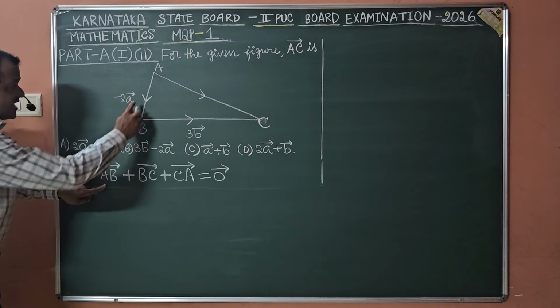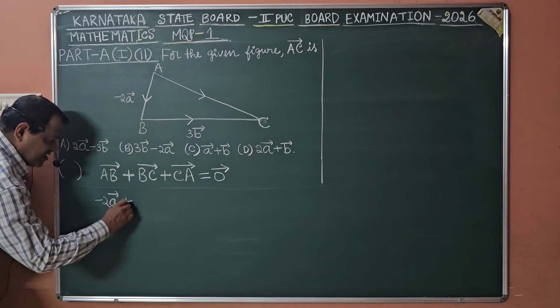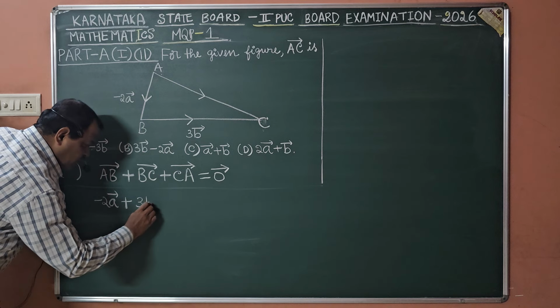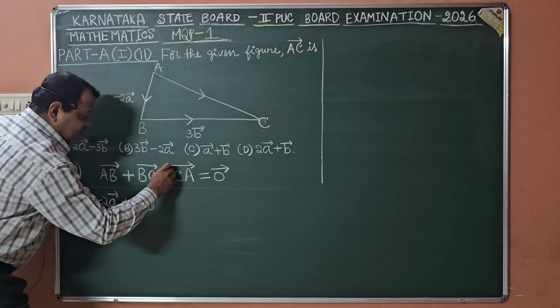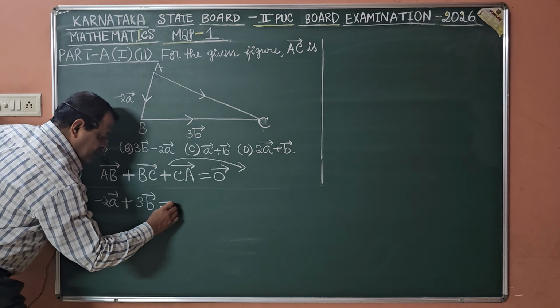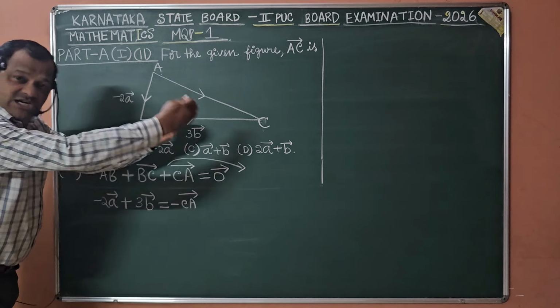Now see, AB vector is given as minus 2A vector plus BC vector given as 3B vector, and this CA vector, take it to the right side, it becomes minus CA vector.